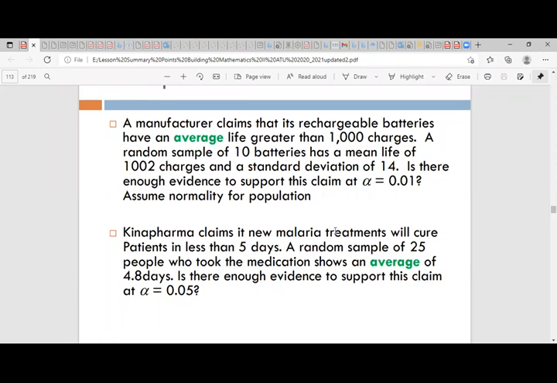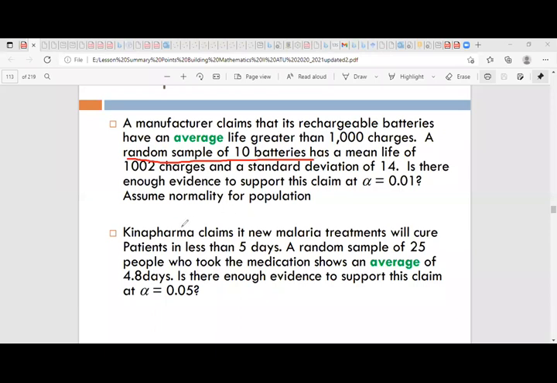So there has been a claim by a manufacturer. Then the researcher goes on to sample 10 batteries and measures the average life and the standard deviation. Then based on that, he makes deductions on the entire population.